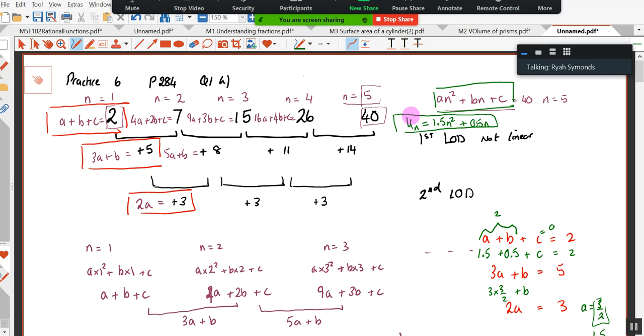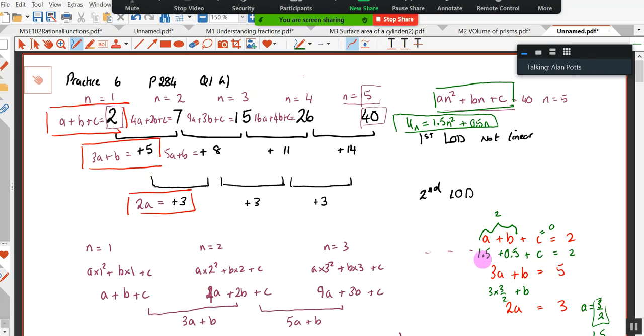Did that clear anything up for anyone, or was it a bit too quick? Bit too quick. What are you confused with? How do we find out c equals 0?